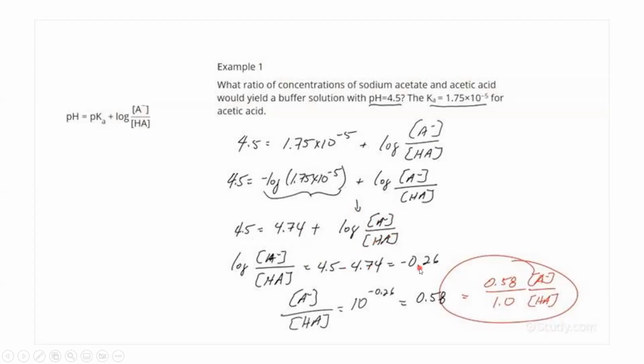So when we go through, we'll get negative 0.26. It should be negative 0.24. Let's see.